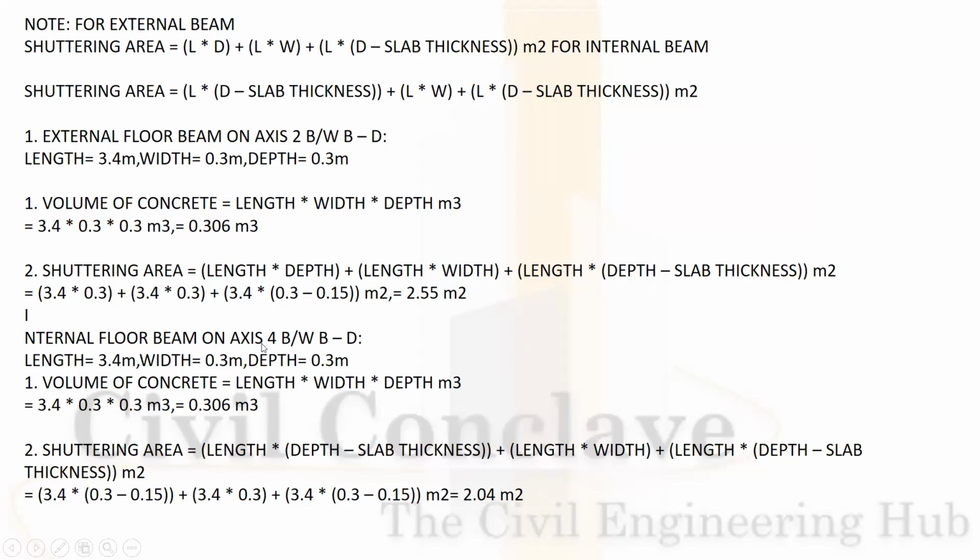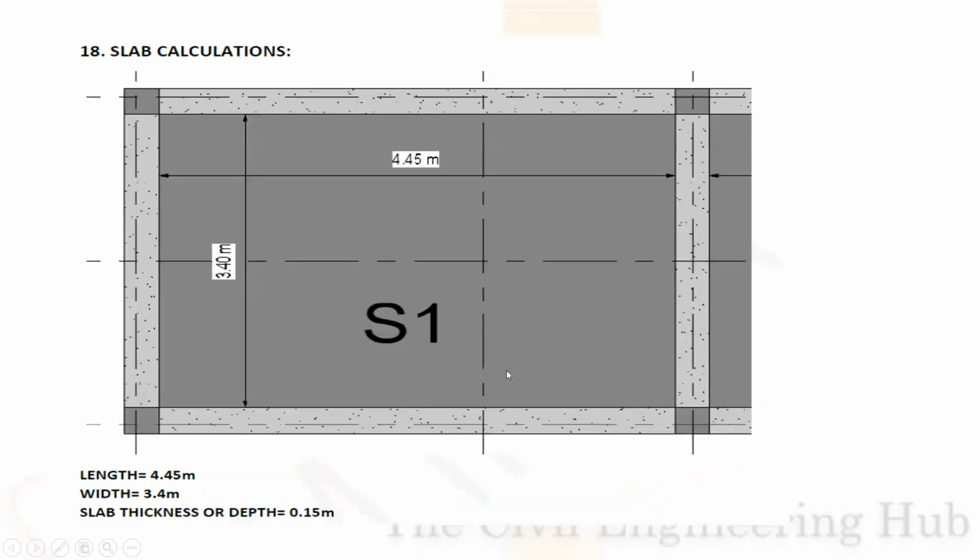Internal floor beam, okay, length is 3.4 meter, width is 0.3 meter, depth is 0.3 meter. So volume of the concreting 3.4 into 0.3 into 0.3 will be 0.306 cubic meter. Shuttering area, the same formulas have been provided, 2.04 square meter.